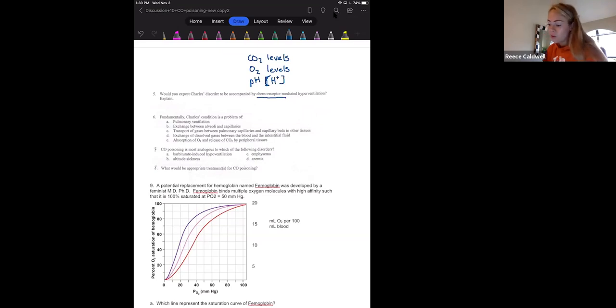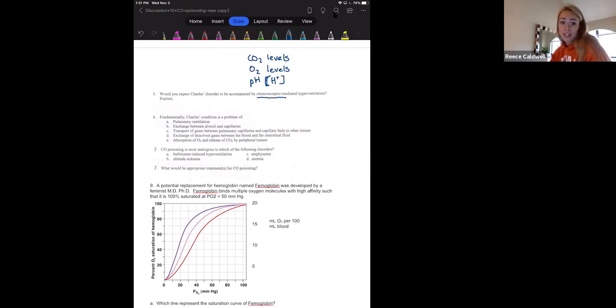One thing you may notice is that they do not detect carbon monoxide levels. Our body has no detectors for carbon monoxide because it's not something that's supposed to be in the body.